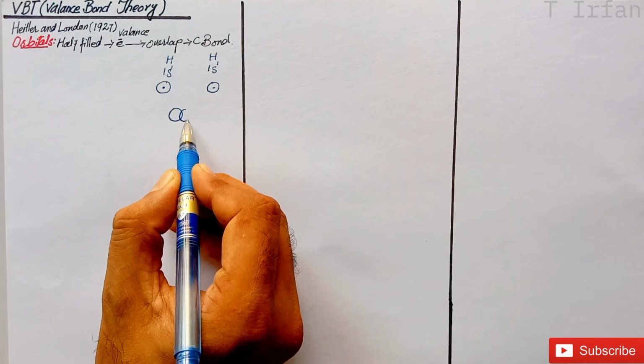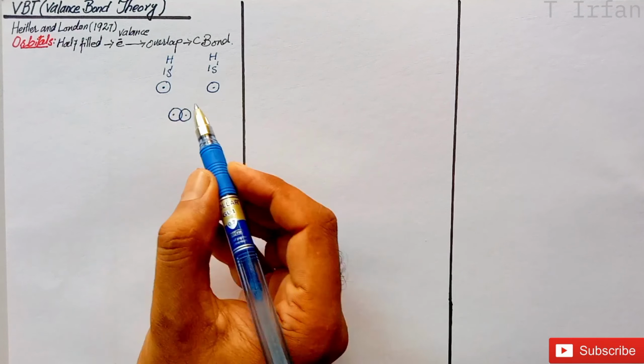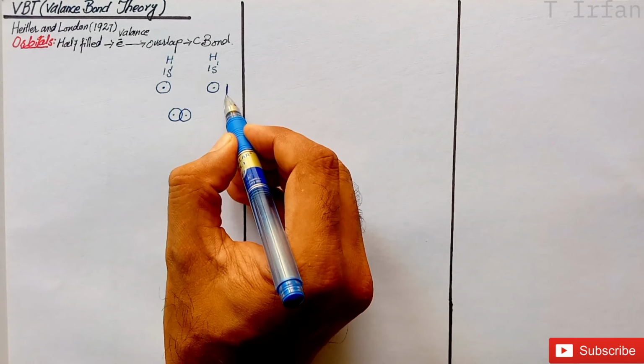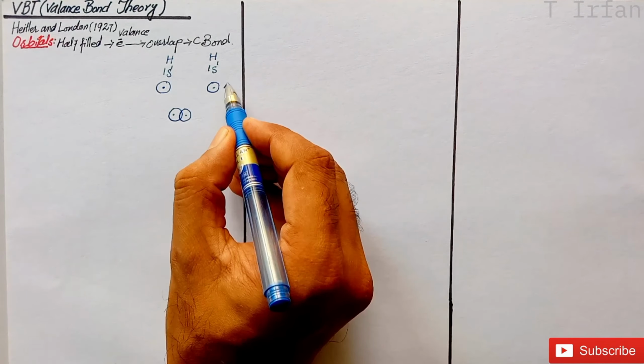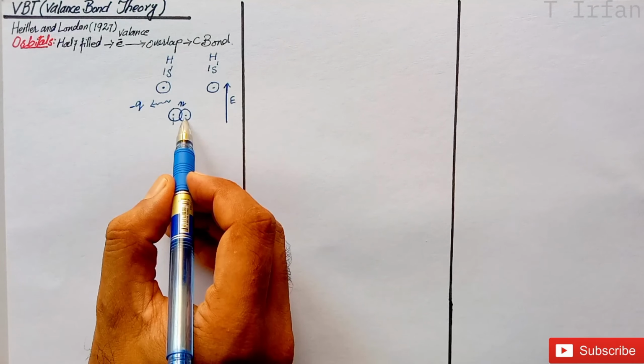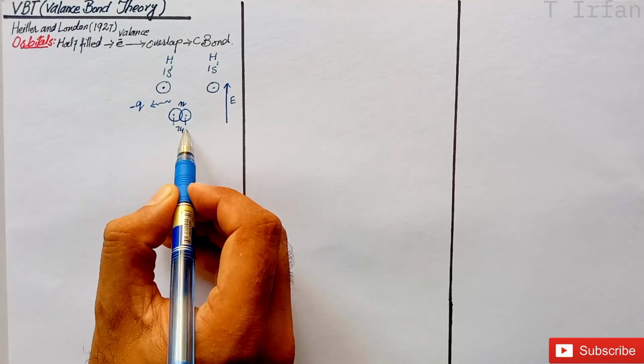When these two hydrogen atoms come close together, their half-filled orbitals overlap and form a covalent bond. When these atoms come close at the distance of 74 picometers, which is the bond distance, they release energy.